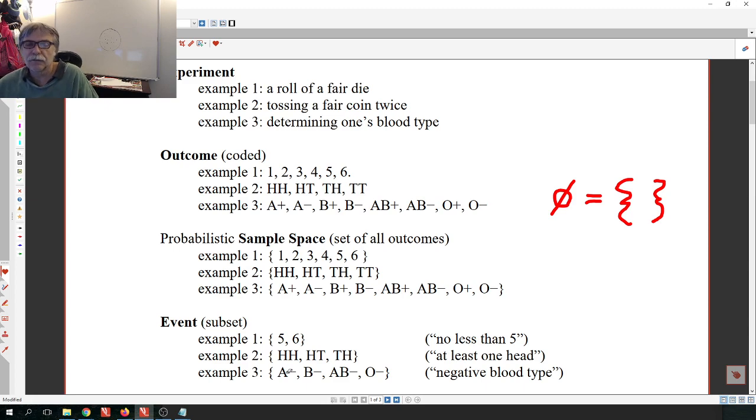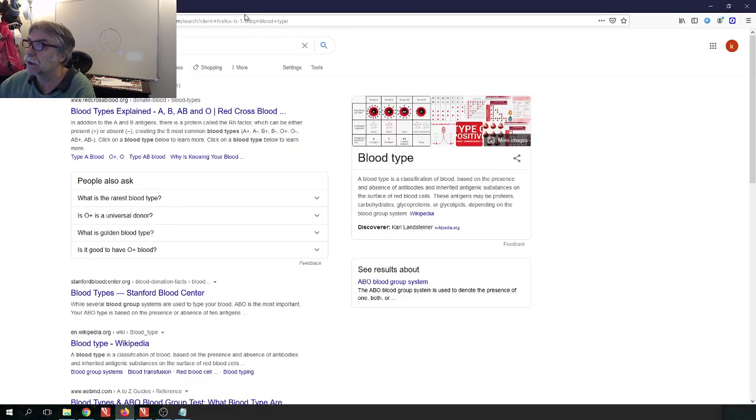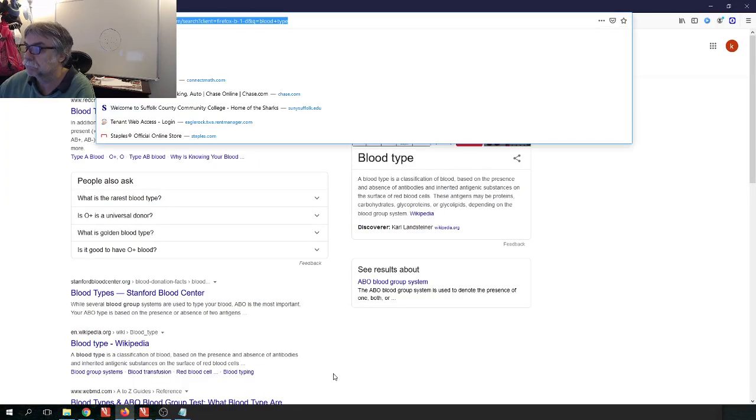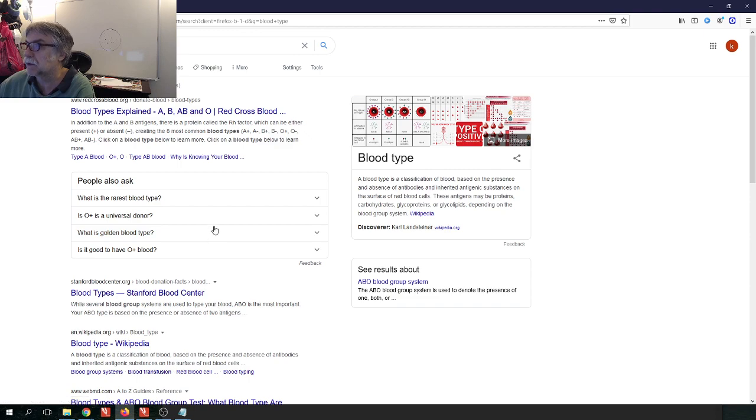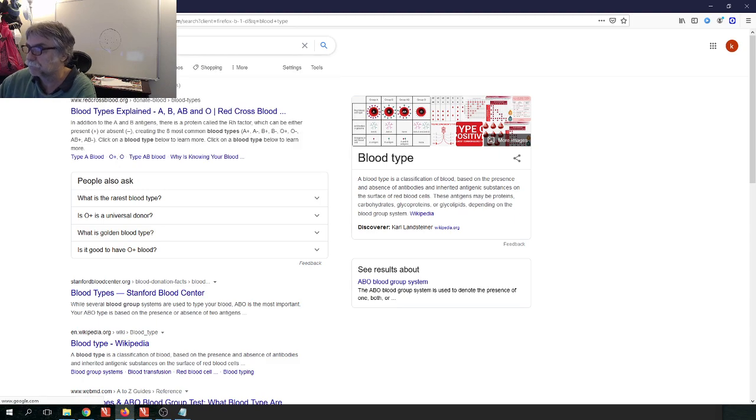Why is that? Well, they're not equally likely. That's the problem. These outcomes, A plus, A minus, are not equally likely. The kick is that the positive blood types are a lot more frequent than negative blood types. So the blood type distribution is statistical.